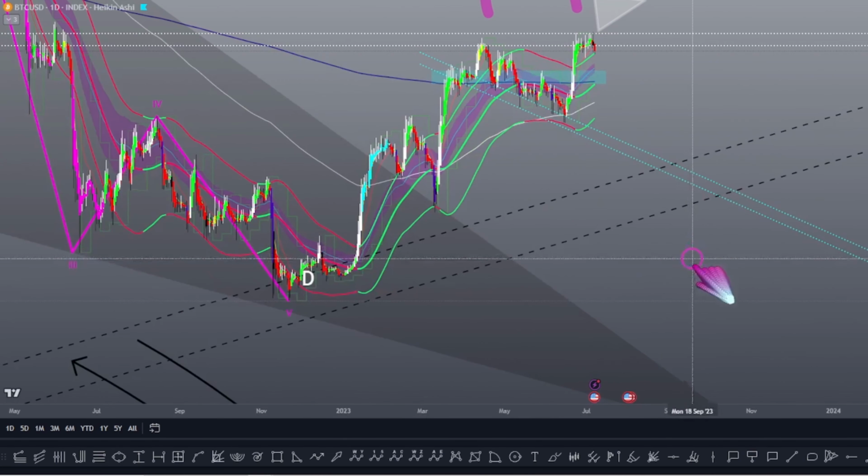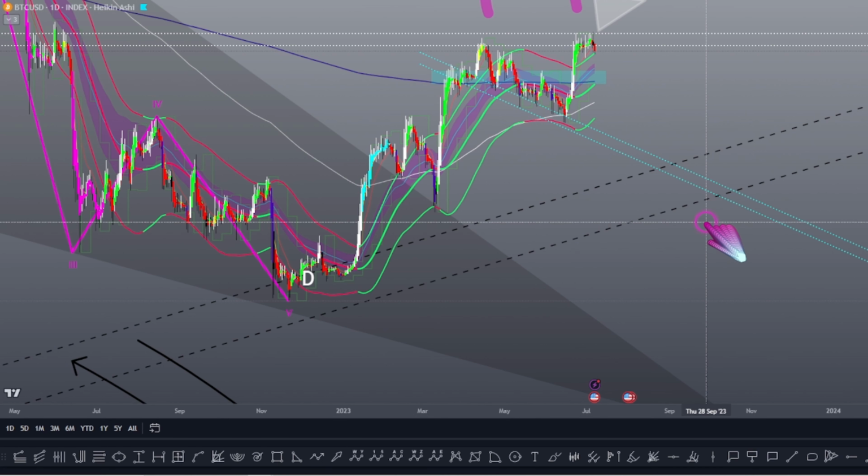Although if we end up losing that, and then lose 20,000, only then, if Bitcoin starts to lose 18.5 thousand, is it likely going to go lower.